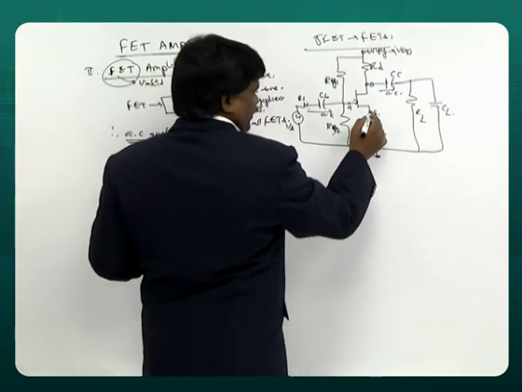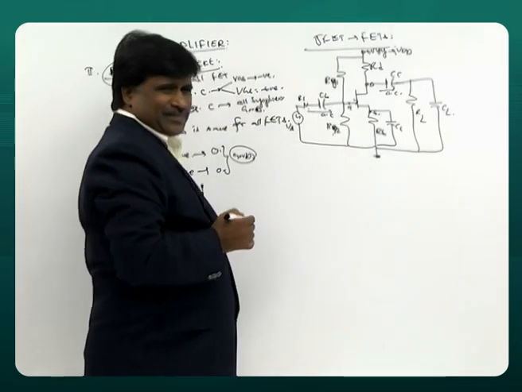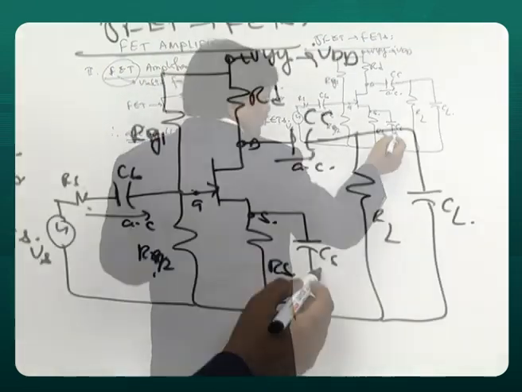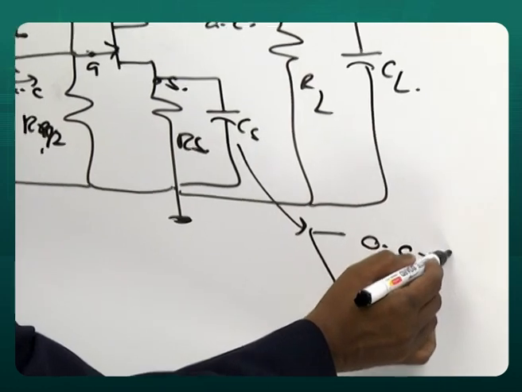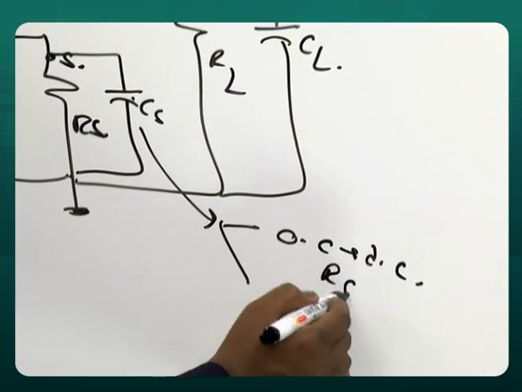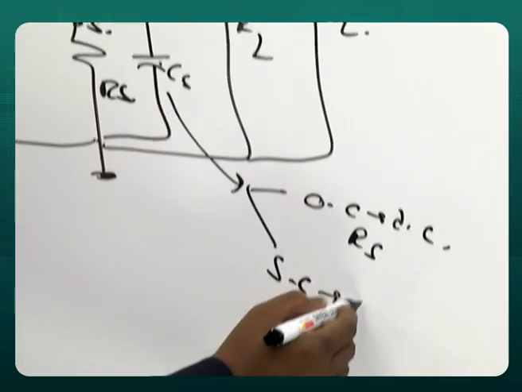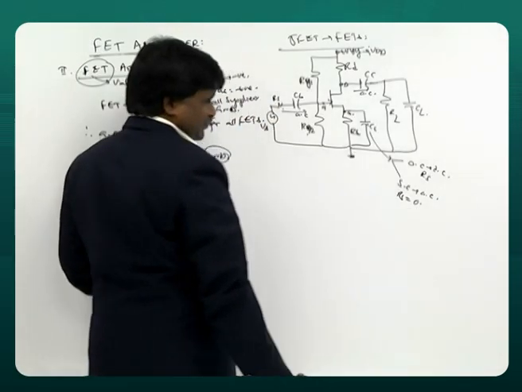And then we have a capacitor here across the source resistance, the source capacitance. What does it do? This has two roles. Open circuit for DC: when this is open, RS is present. And short circuit for AC: RS is 0.